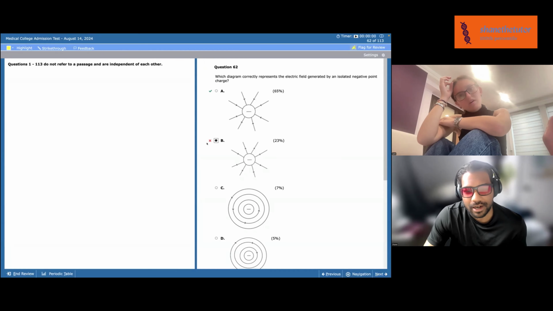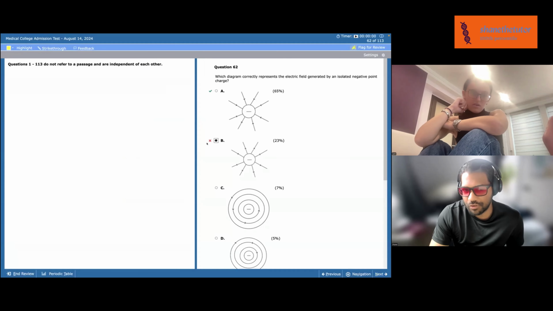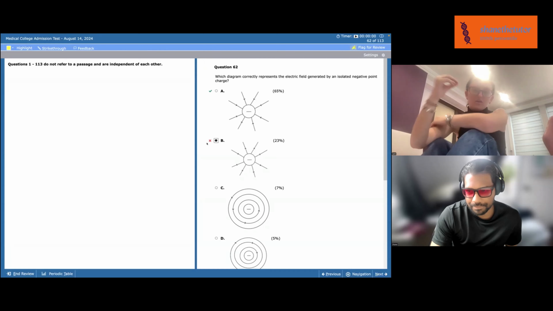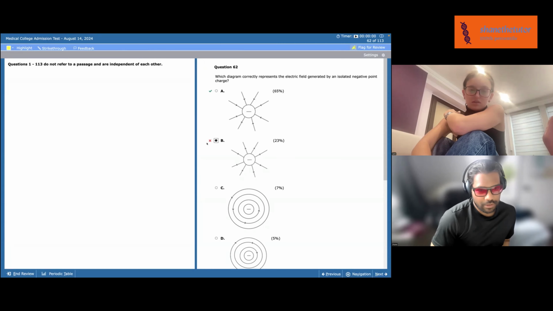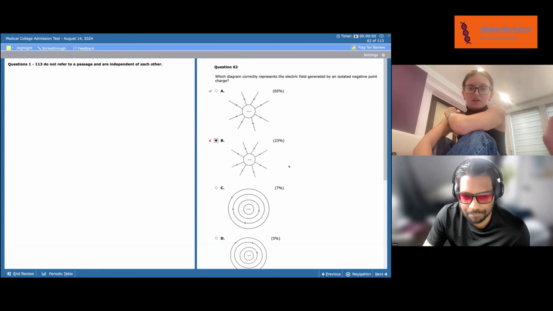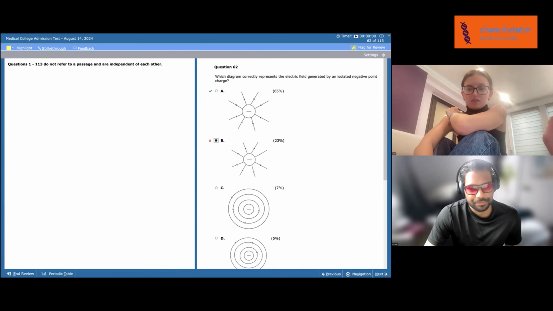So just remember those two things. Electric field lines go from positive to negative always. And then current is opposite of electron flow. So that's why it's this one, that it's going towards. Yep.